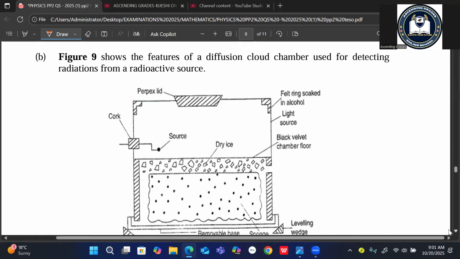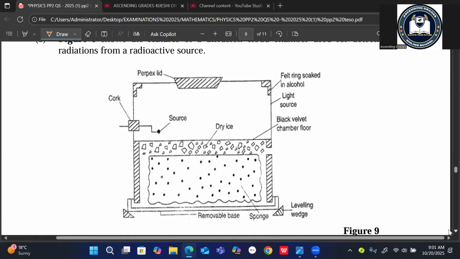So it is like this. Since we are used to this diagram, take a few seconds to have a look at it so that you can move to the questions.